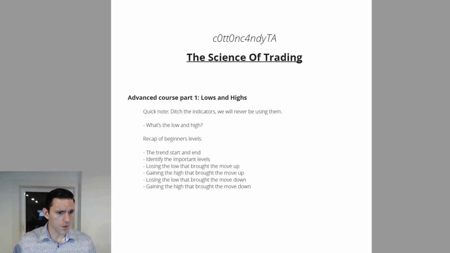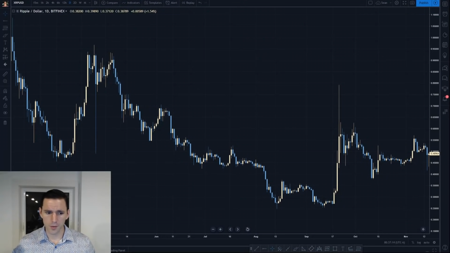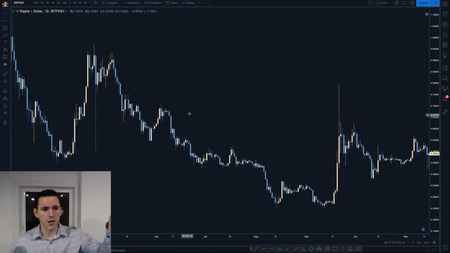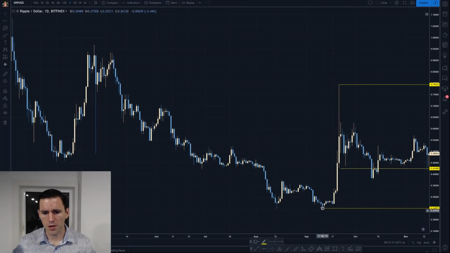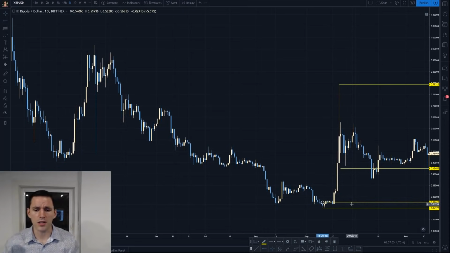So the low and the high of the candles: if you remember back to the beginner's course, we marked the highs and lows of candles. We would go back to the monthly levels and do something like this. We would mark the swing high of a level, and then mark the swing low of that level. And on the very low side, we'd mark the swing low, and then mark the high of the low. I trained you like this for a very specific reason, because it starts to train your brain for the more advanced material.